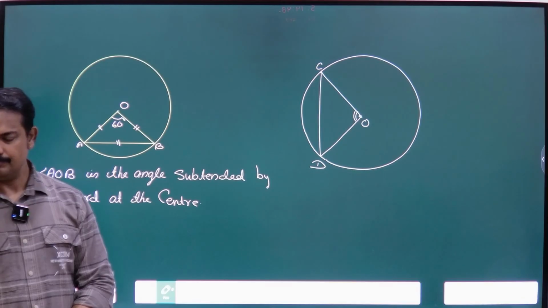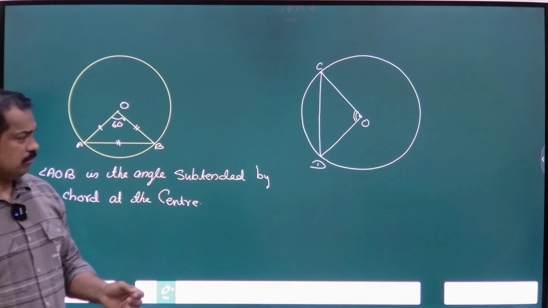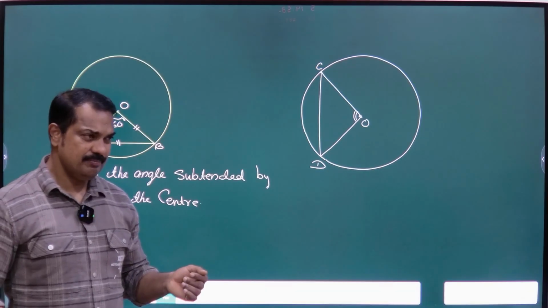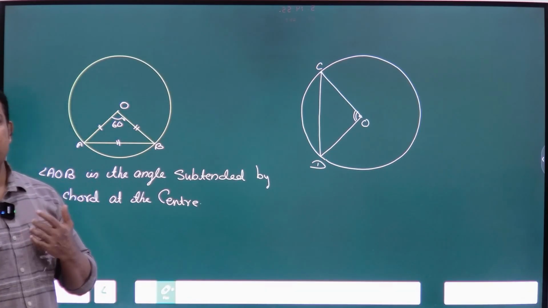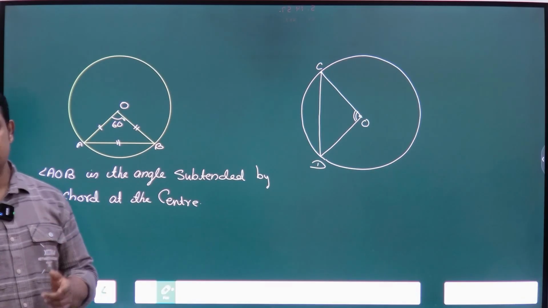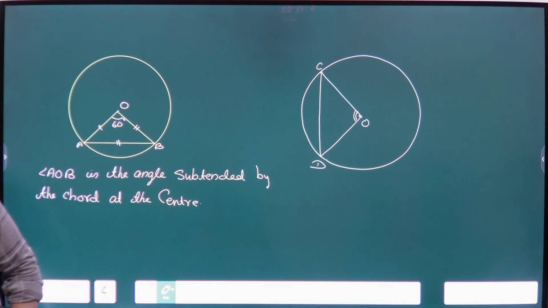Answer? 60 degree. Reason clear है सबको? Because it becomes an equilateral triangle. In equilateral triangle, each angle is 60 degree.